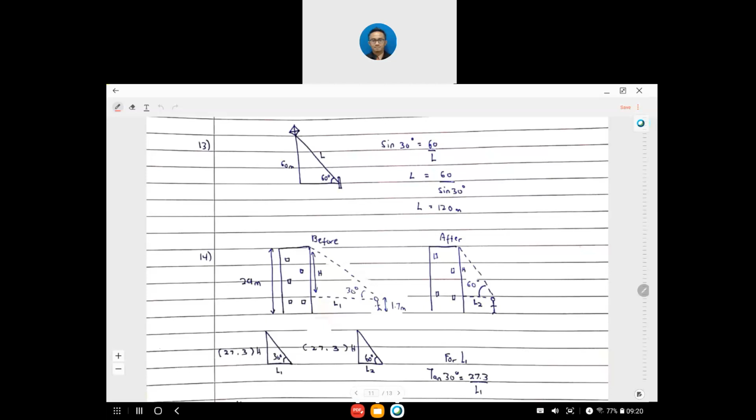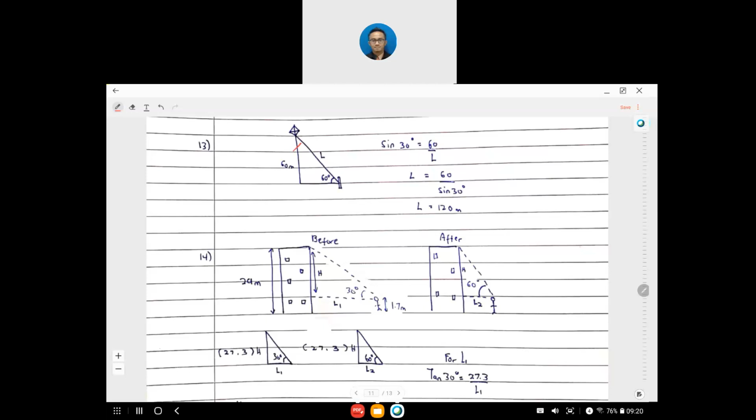The inclination, the angle sits here. This is wrong. So make sure you know the names of the angles.